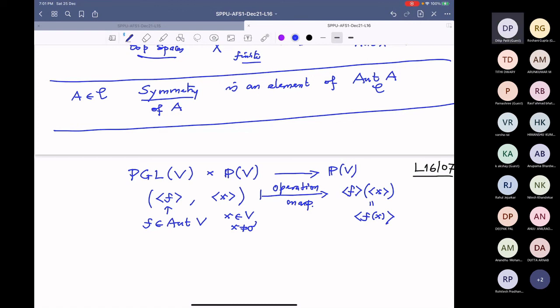I want to ultimately decide whether the PSL(V) group is simple or not. And for a finite field, we will prove that it is simple. That was the aim of Jordan in 1870, to get some precise or concrete examples of simple groups which are different from the alternating group family. So that is what we will continue next time.